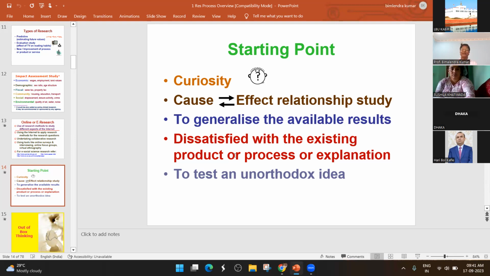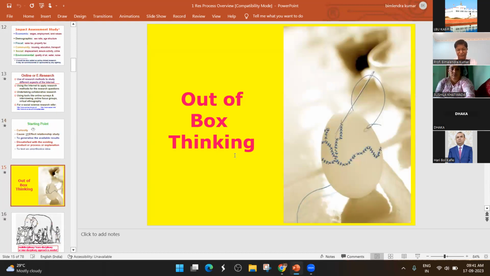So to test an unorthodox idea, since orthodox Buddhism does not believe in an Almighty God, you have to test it through cause and effect, how the events or things are happening in our day-to-day life. This is how ideas come to your mind, how questions arise out of the box, and how the problems related to your research come to your mind.